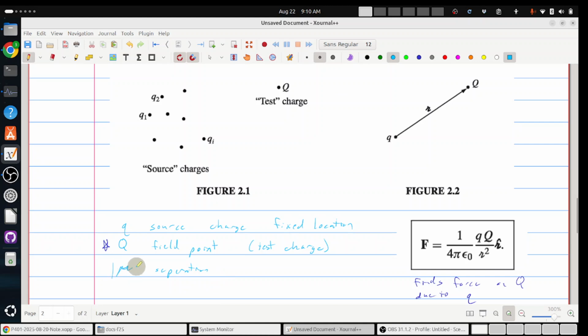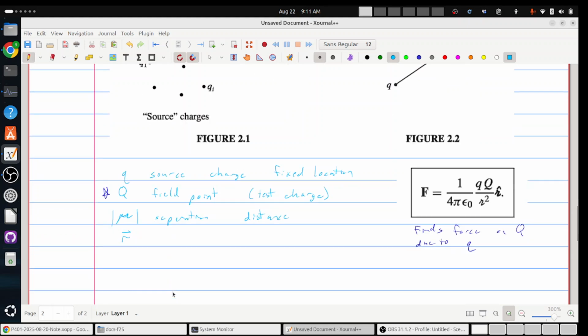The magnitude of it is just the distance, but we also can express it as a vector separation, and we can express it as a unit vector.